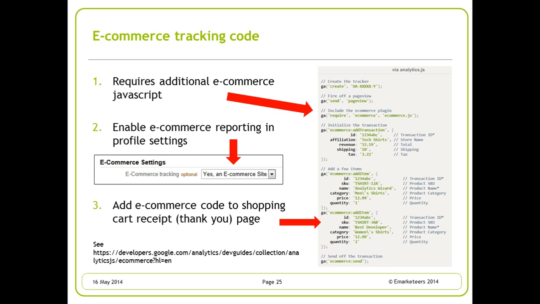What is new, because those two things were already present in the previous version as well, although the script here is new, is that the e-commerce script is now a separate script, a separate JavaScript, e-commerce.js, that actually needs to be called.